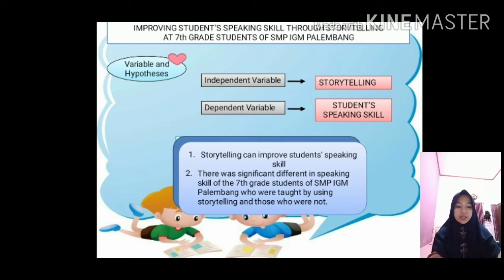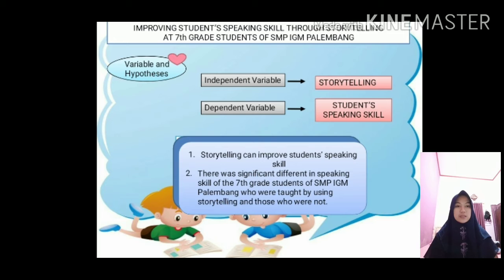Variable is anything that is determined by the researcher to be studied so that information about it is obtained and then the conclusion is drawn. And then hypotheses are predictions about the possible outcomes of the research. So in this research, there are two kinds of variables. The first is independent variable and the second is dependent variable.